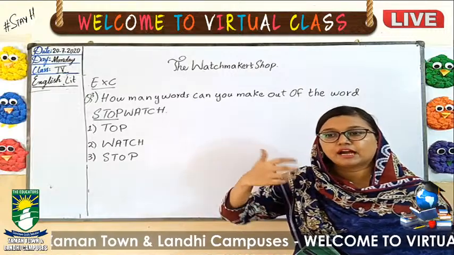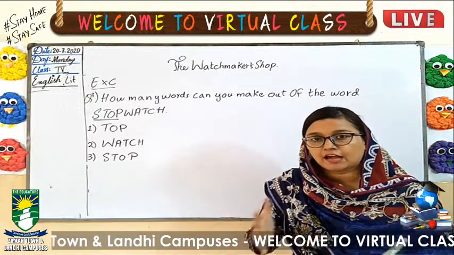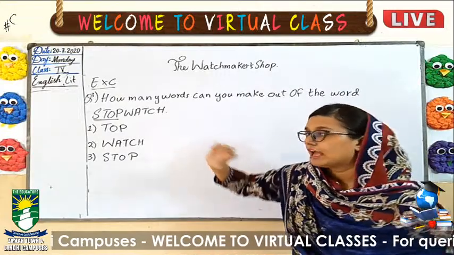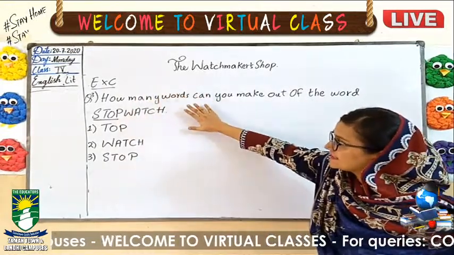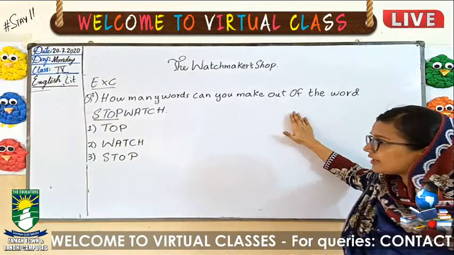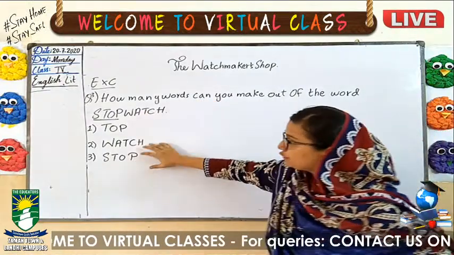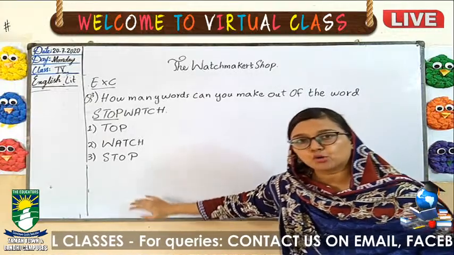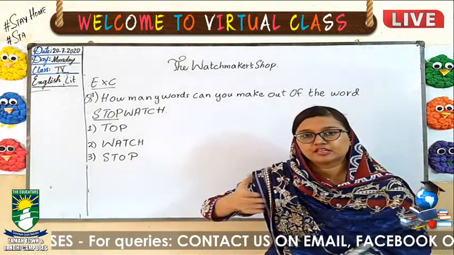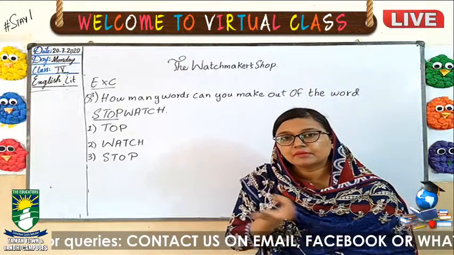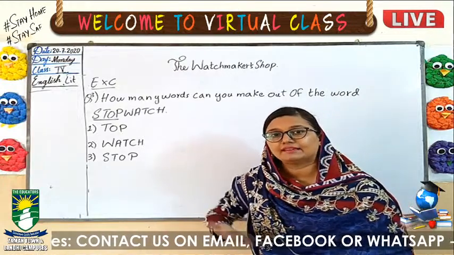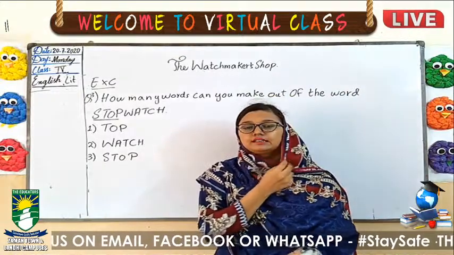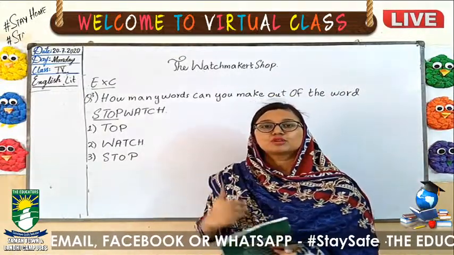The first one we told you about the watches, and you identified which clock is which. Then you will do exercise C, how many words can you make out? I have just made a few words, and the remaining words you will make by yourself. And the book work, I have told you about the relations: a female parent is your mother, like this.